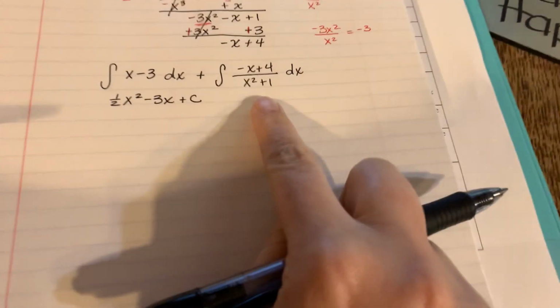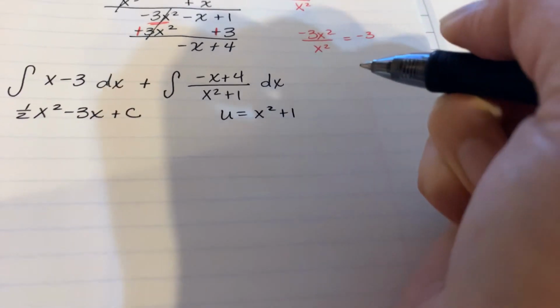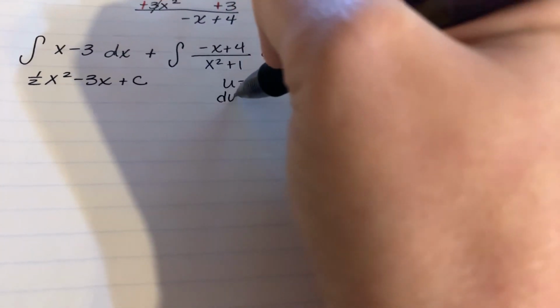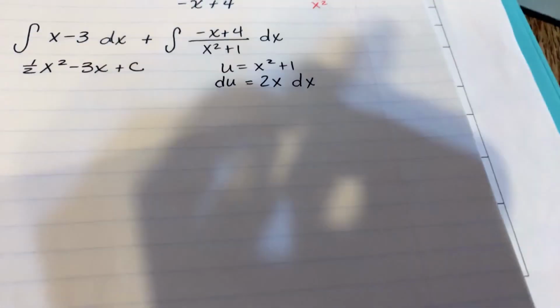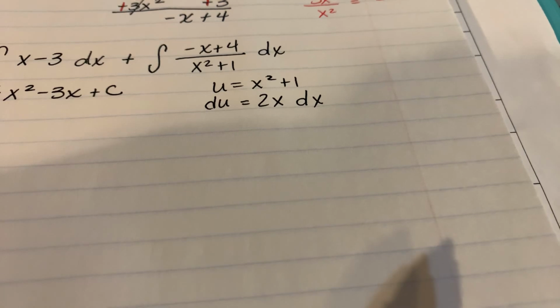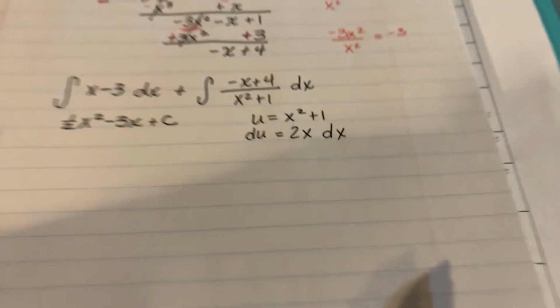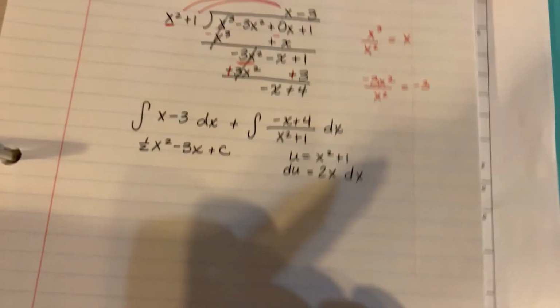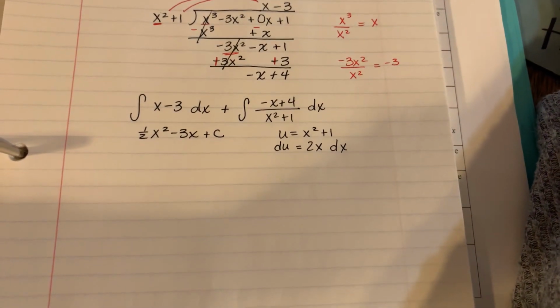Now this one, I'm not too sure. Let's see, u is x squared plus 1. Well, then du is 2x dx. Don't really know. That doesn't help. It's not improper. Oops, sorry. I think we're going to have to split it up.